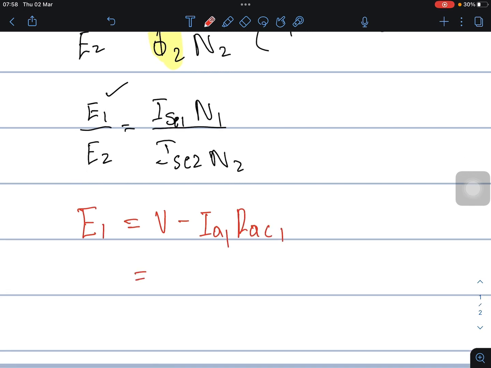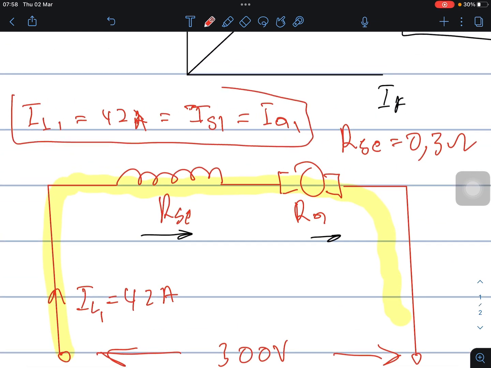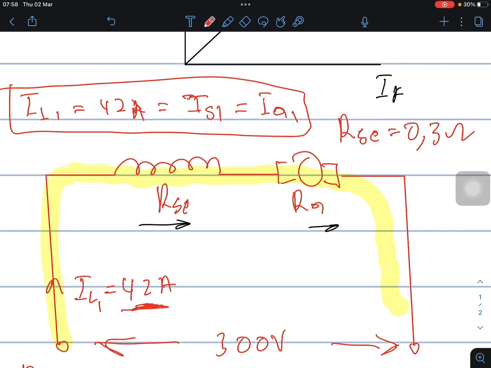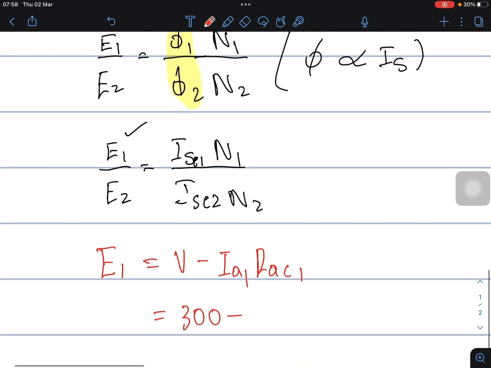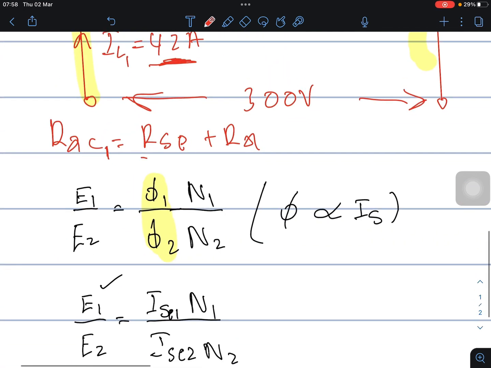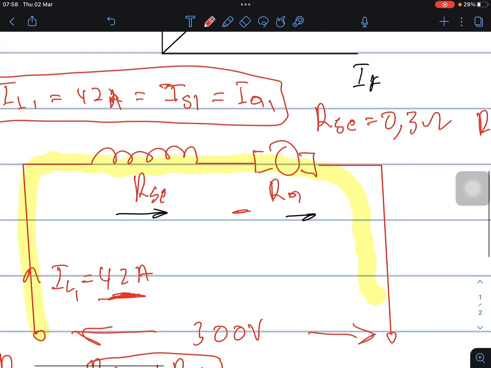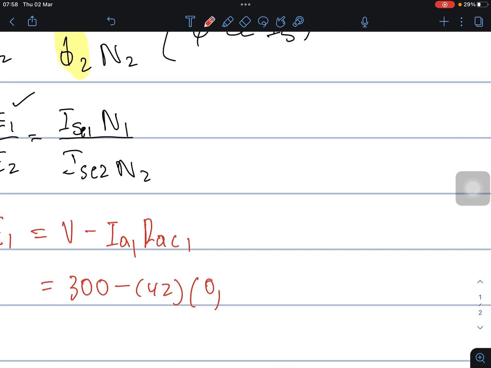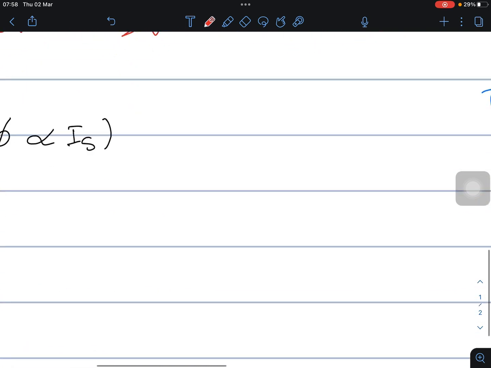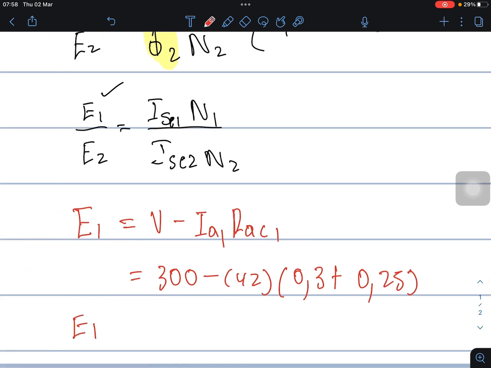Our V is 300, minus I armature, which in this condition equals the current from the source, 42, times the bracket RAC, which is the series field resistance 0.3 plus the armature resistance 0.25. Then we will find E1. Let's punch that on our calculator.